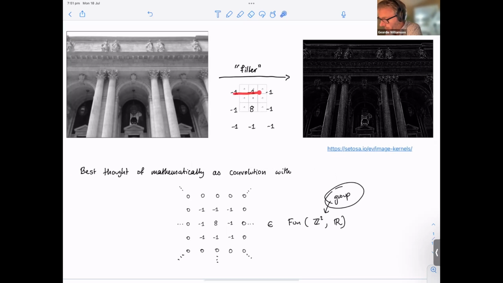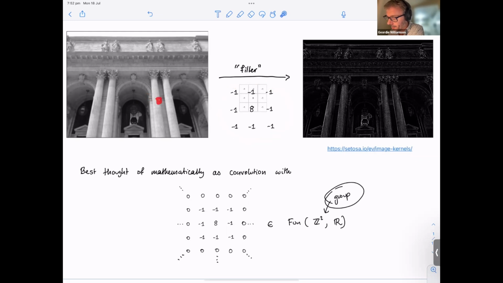Here's my filter, so it's -1, -1, -1, -1, -1, -1, -1, -1, and it has an 8 in the middle. Now I take this image, and for every 3 by 3 box of pixels inside here, I apply the formula that I just wrote.